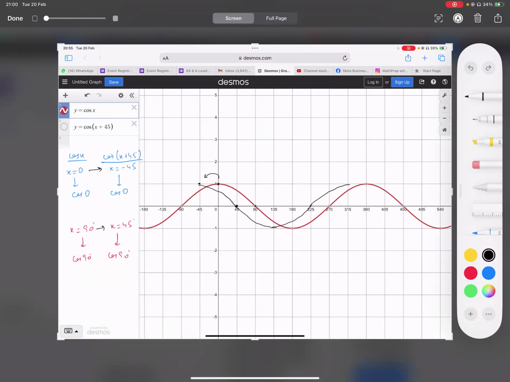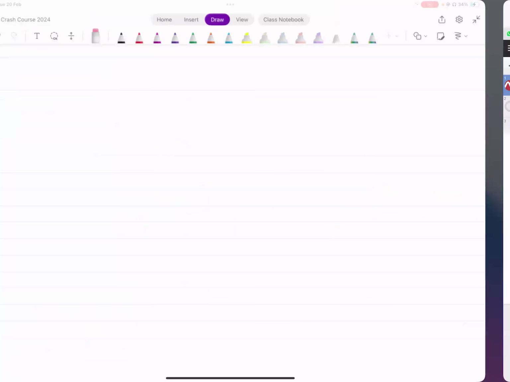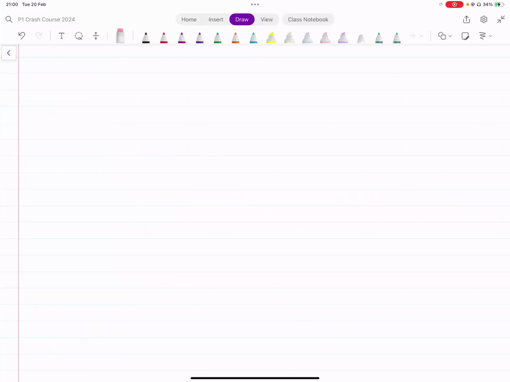So the conclusion from this is, if we have, for instance, y equals cos of x minus 45, what is this 45 degrees doing? It's basically shifting the graph to the left, right? So minus 45, it shifts the graph, or we should actually use the translation terminology.